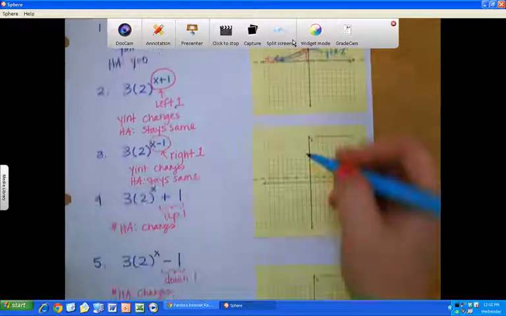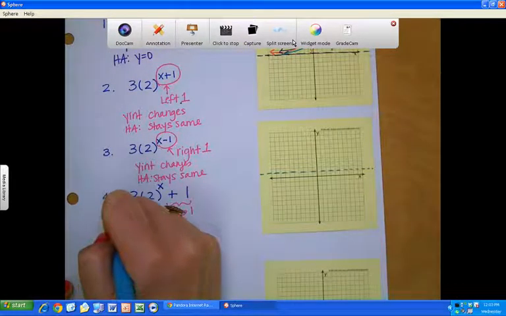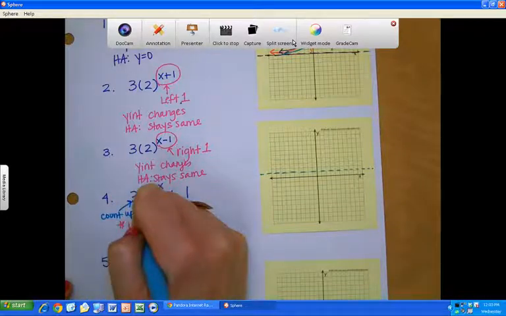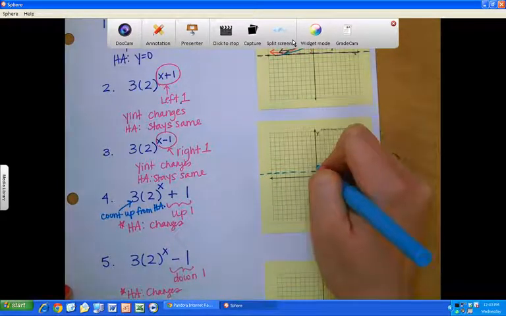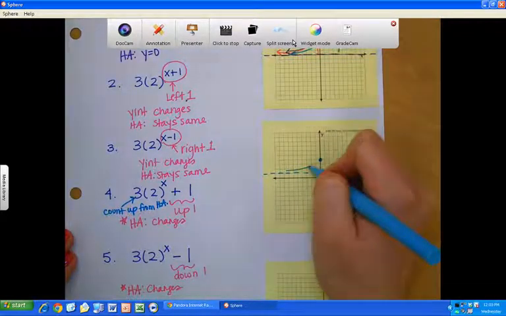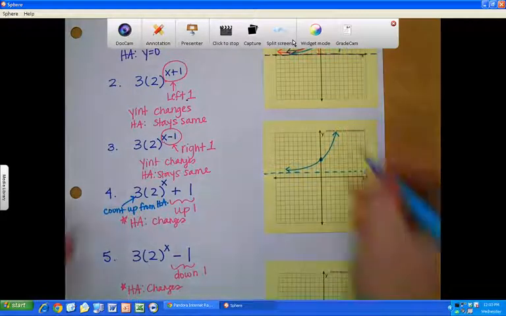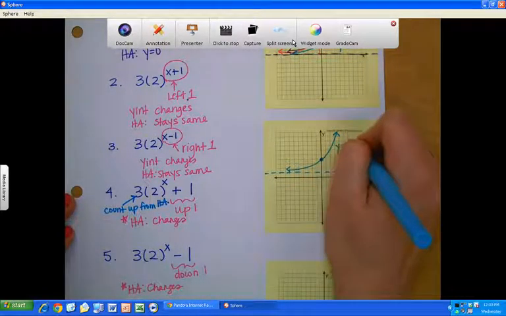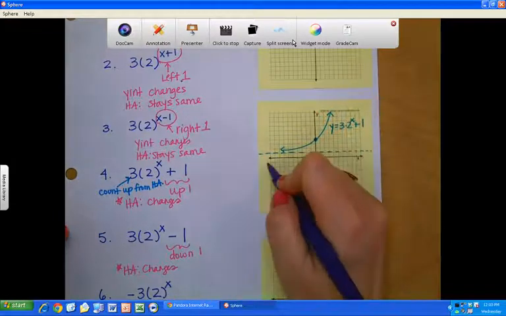So I count 3 up from the asymptote. Count up from your horizontal asymptote. So 1, 2, 3. So there is my intercept. And then it's 2, so it's growth. So there's that one. Okay, so this is 3 times 2 to the x plus 1. For the -1, this time the asymptote goes down 1.